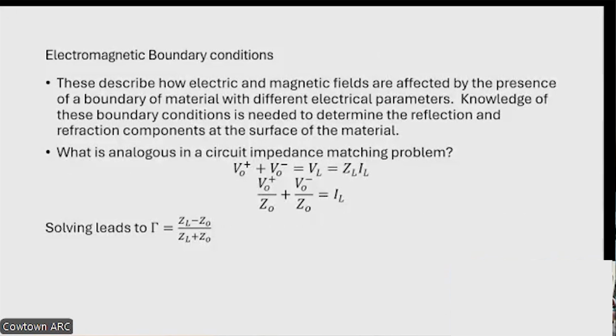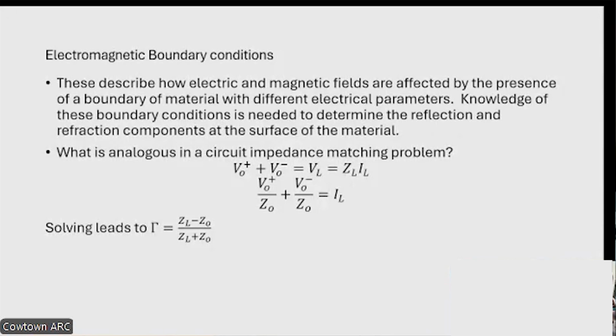So we introduce the idea of boundary conditions. A boundary condition is kind of like when your transmission line is connected to the input of your antenna: there's an impedance input to your antenna, and there's an impedance in your transmission line. If there's a mismatch, you get a reflection, right? It's kind of the same in terms of wave propagation. When you interact with a medium that has different electrical properties than what the wave is propagating from, there's a reflection that occurs.